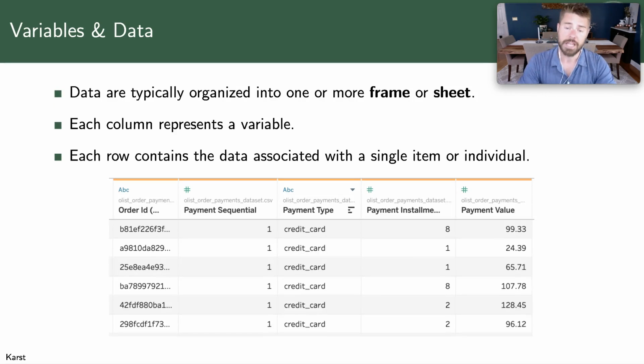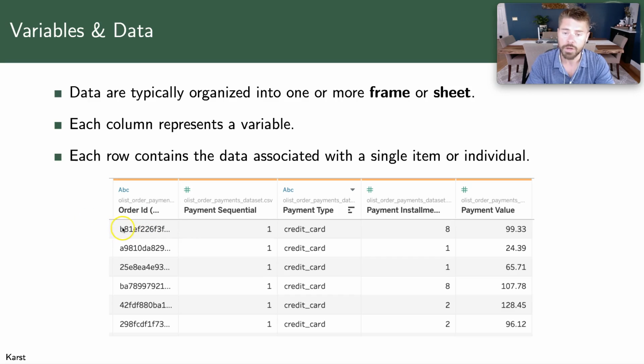So data are typically organized into frames or sheets. Sheet is like the Excel terminology, while frame is much more a data science term. You also see them called matrices or tables. Notice that each column in our data frame represents a variable. Each value is a piece of data, one datum.